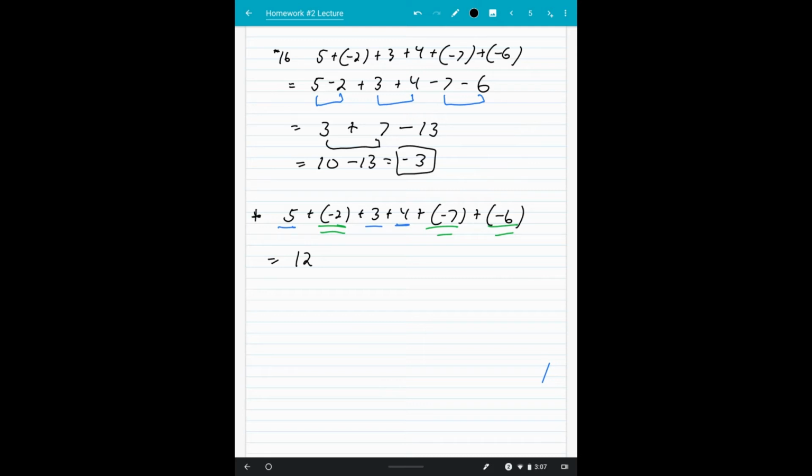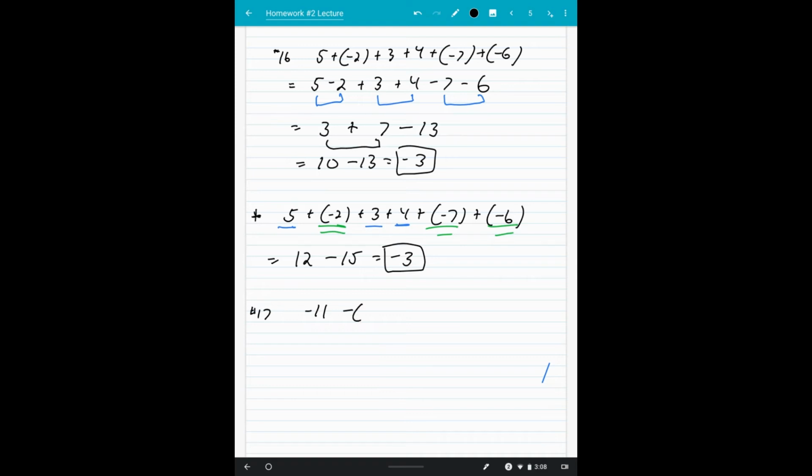Plus negative 6 would give us negative 15. So we'd put minus 15. And then you're down to just two numbers. You get negative 3. So you get the answer in a bunch of different ways. There's different ways to get the answer for this particular problem. It doesn't matter. Let's look at number 17.